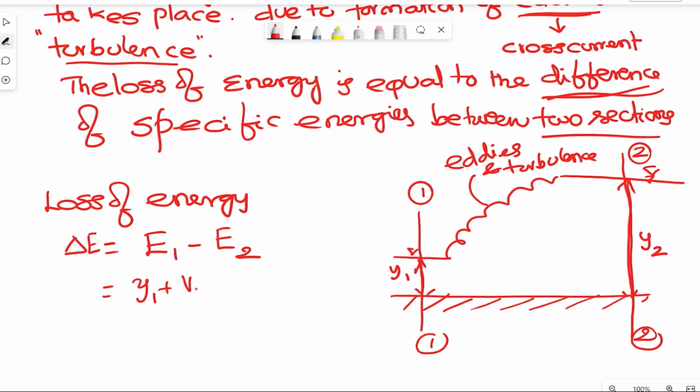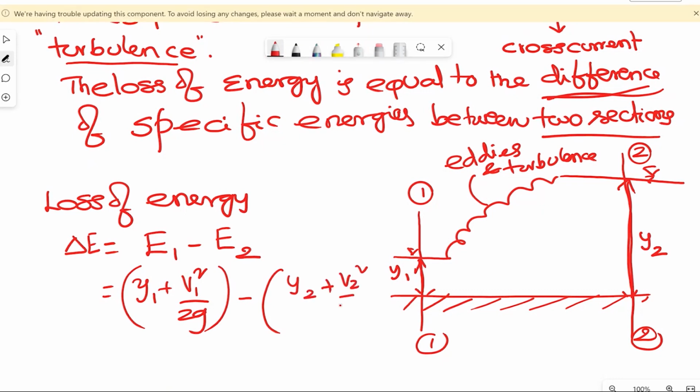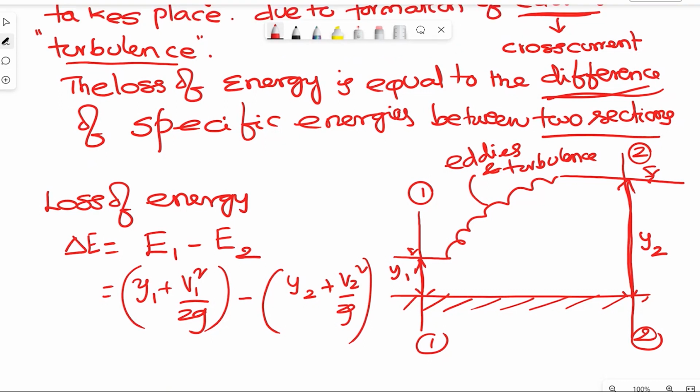We know the specific energy equation. It is nothing but y1 plus v1 squared by 2g minus y2 plus v2 squared by 2g. y1 plus v1 squared by 2g is the specific energy at section 1, and y2 plus v2 squared by 2g is the specific energy at section 2. The difference of the specific energy is nothing but the loss of energy.